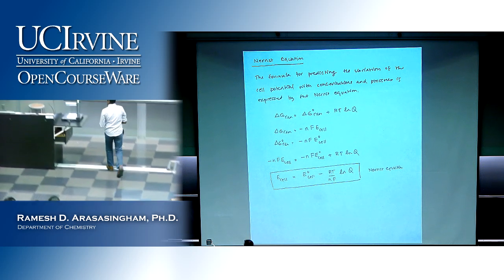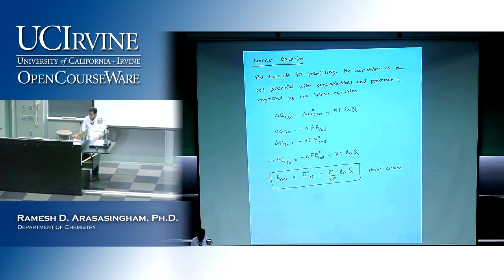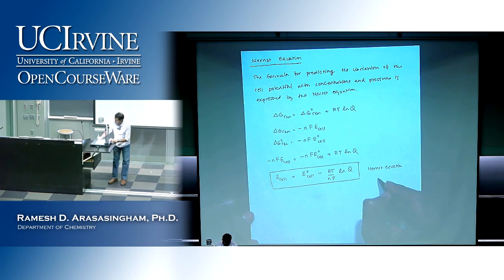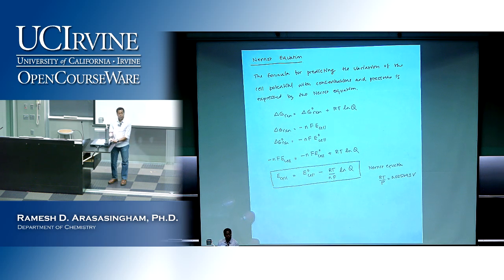Now if you guys remember, RT over F is 0.025693 volts.